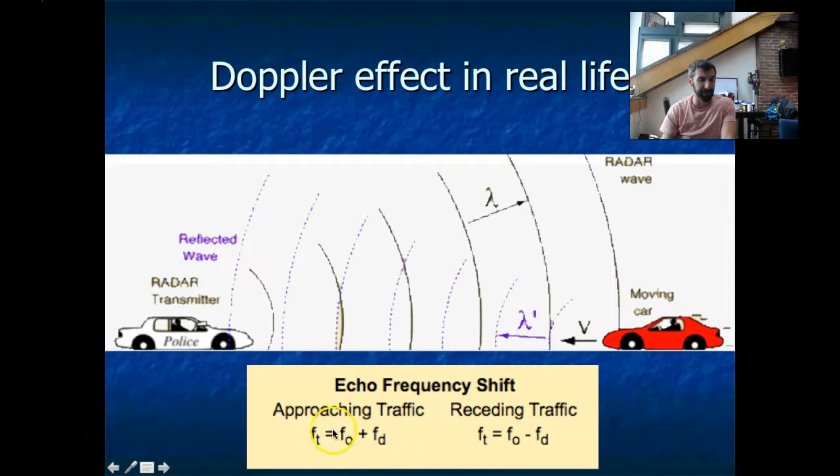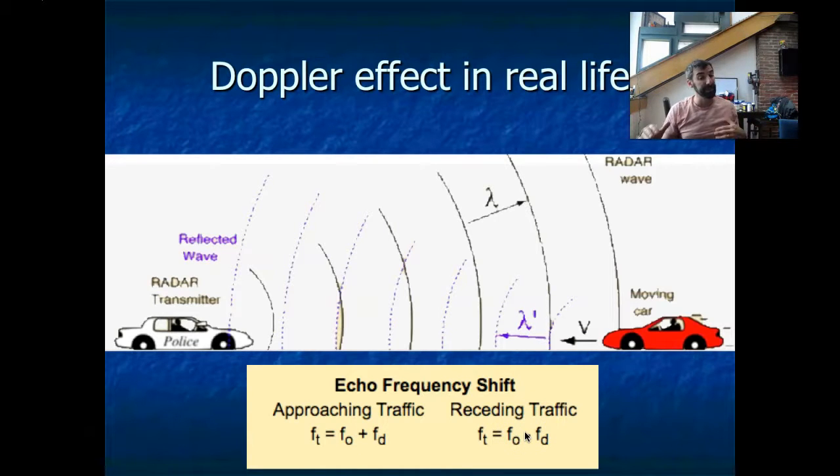So this little formula right here is what the radar detector does. The police officer says, oh, all right, I'm going to try and detect people going towards me or away from me, and it's the original frequency plus the frequency of the detector, or the other way around, subtracting if they're going the opposite direction.